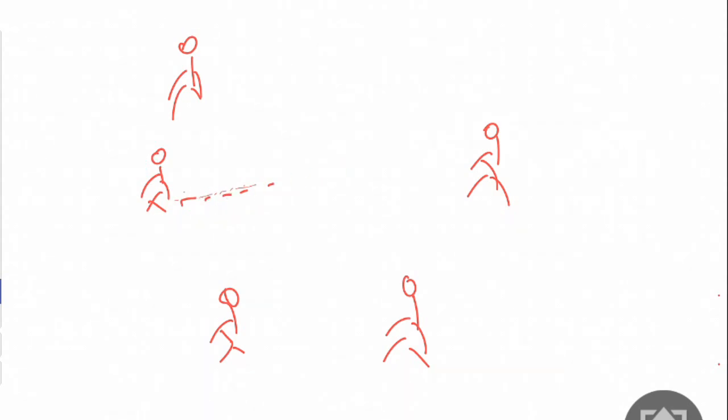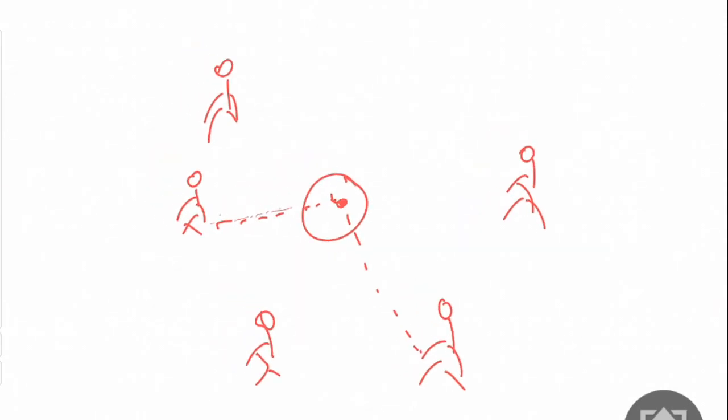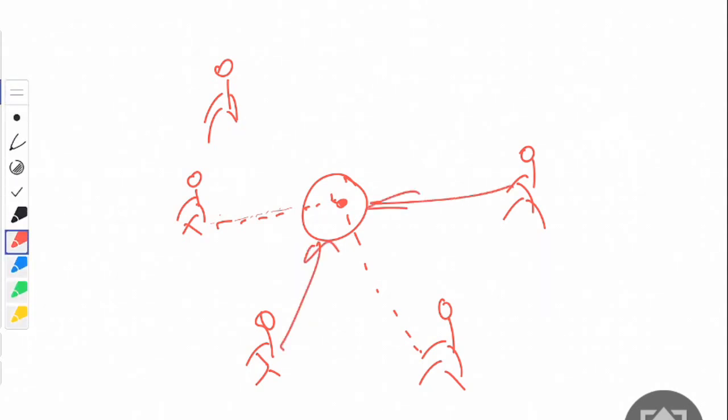But let's say he sees that your friend is also walking, and both of you come and meet here. Now they know that the meeting point is here. Now they don't have to see where this guy is going, since the meeting point is here. Now we know that everybody is going to meet at the same point, right?